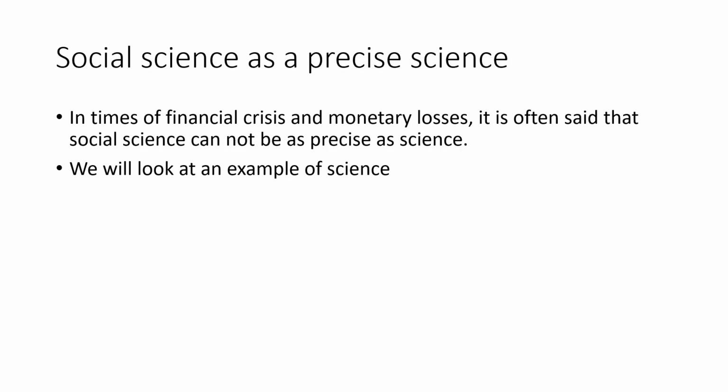Finally, we will discuss social science as a precise science. In times of financial crisis and monetary losses, it is often said that social science cannot be as precise as science. So we will look at an example of science.